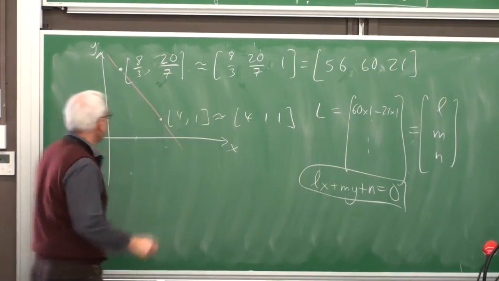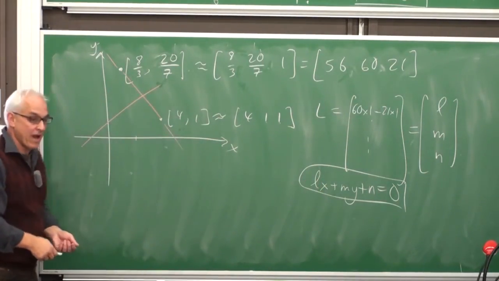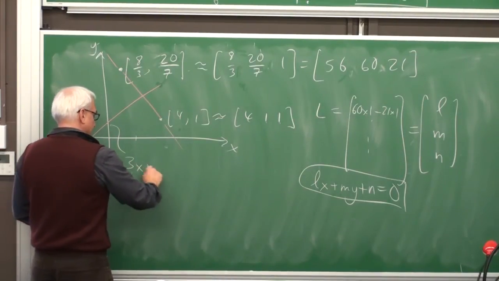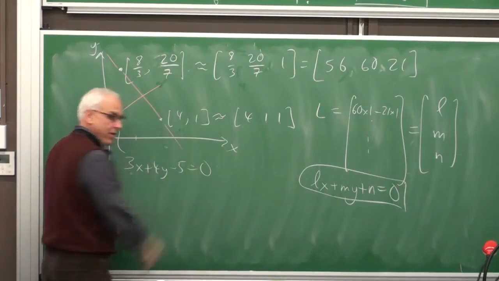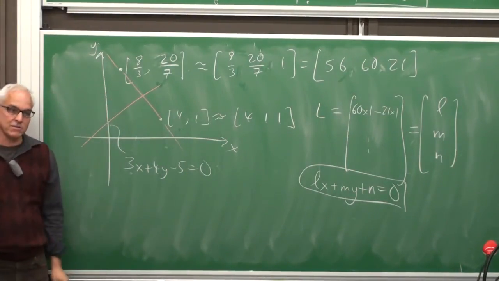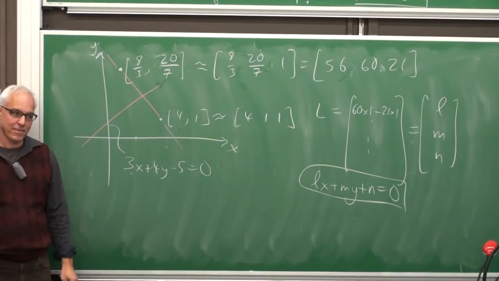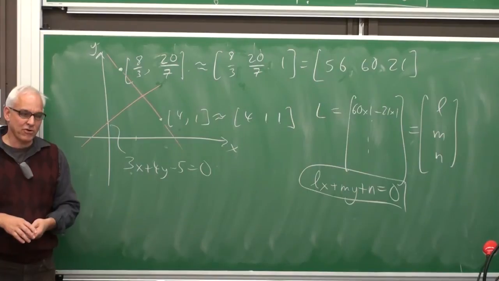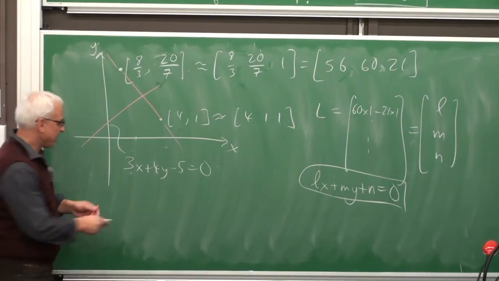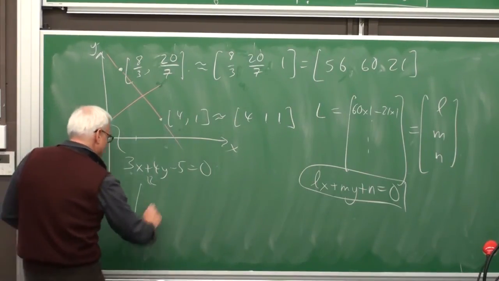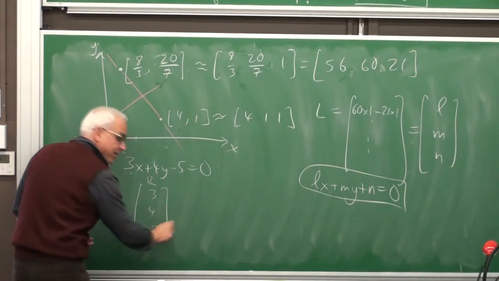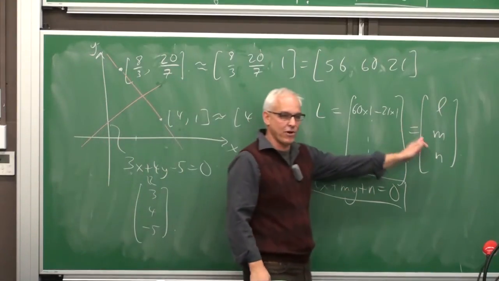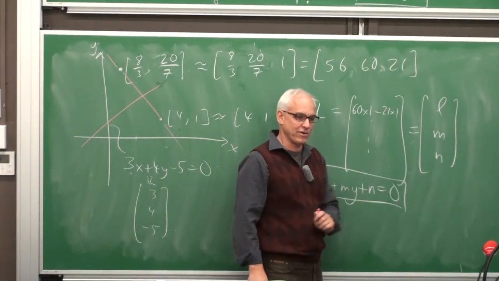Similarly, if you have a second line, given by another equation, let's say 3x plus 4y minus 5 equals 0, and you want to see where these two lines meet, forget about solving equations. We're just going to compute a cross product again. We write this line in our form 3, 4, minus 5. And then we take the cross product between this one and whatever this one was, as a row vector.